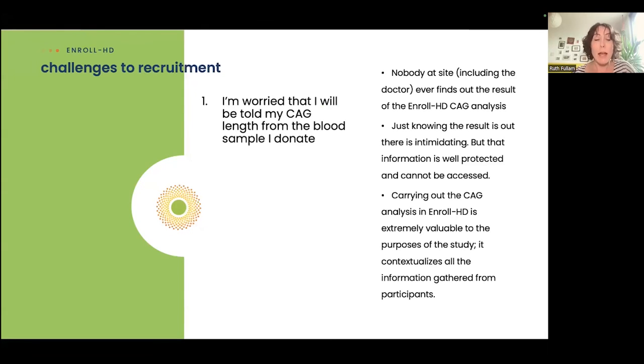We do take a blood sample, and we do have a look at that CAG length, but nobody at site, including the study doctor, should ever find out your genetic test result that we collect for the research.